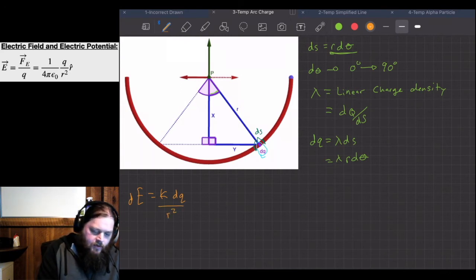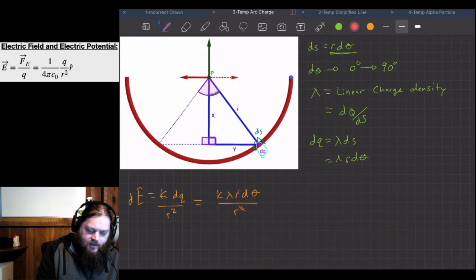Well, that dq we can then substitute in, so that's equal to k lambda r d theta over r squared. And we already have an r in the top and the bottom, so we're going to cancel those out before we go any further. Simplify our lives going forward. That's just going to be k lambda d theta over r.